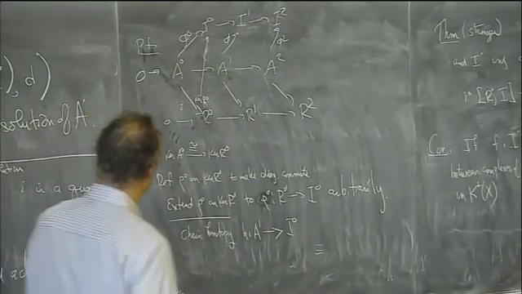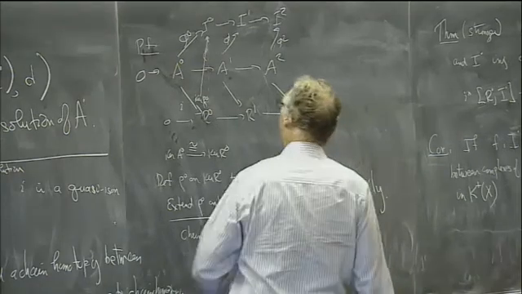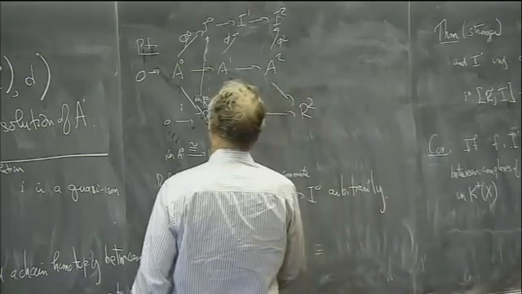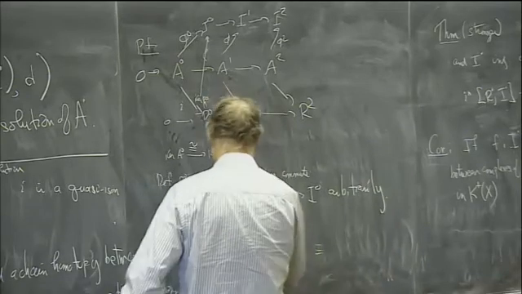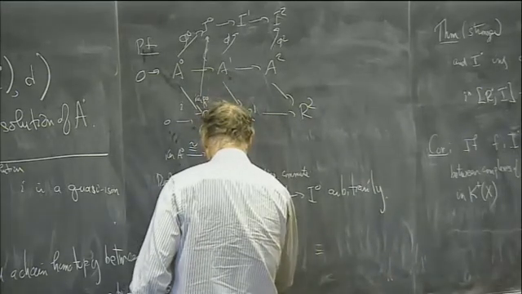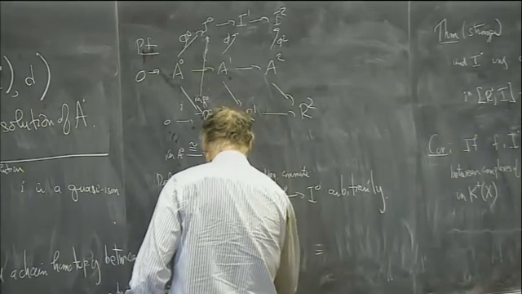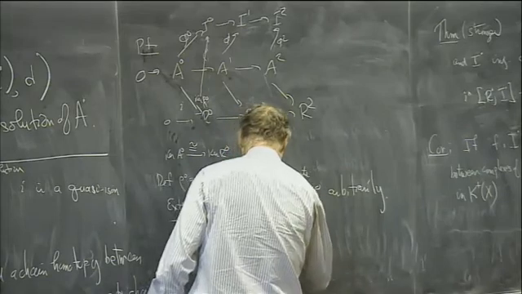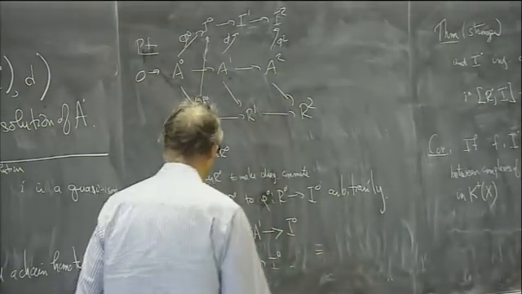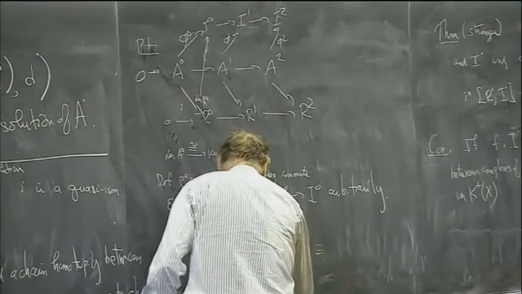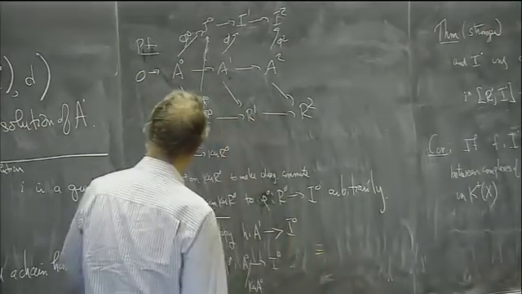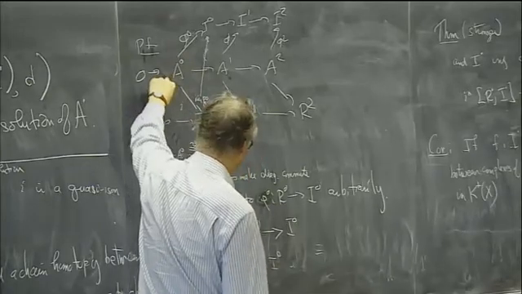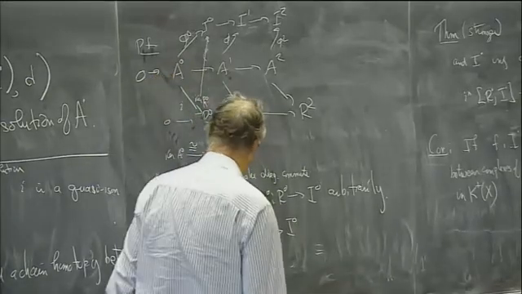Okay, so now I need a chain homotopy from A1 to I naught. So let's think about this. Let's take the difference, phi naught minus I rho naught, which is a map from A naught into I naught. But it vanishes on the kernel of A naught, because by construction the diagram commutes on the kernel of A naught, and therefore the difference vanishes.